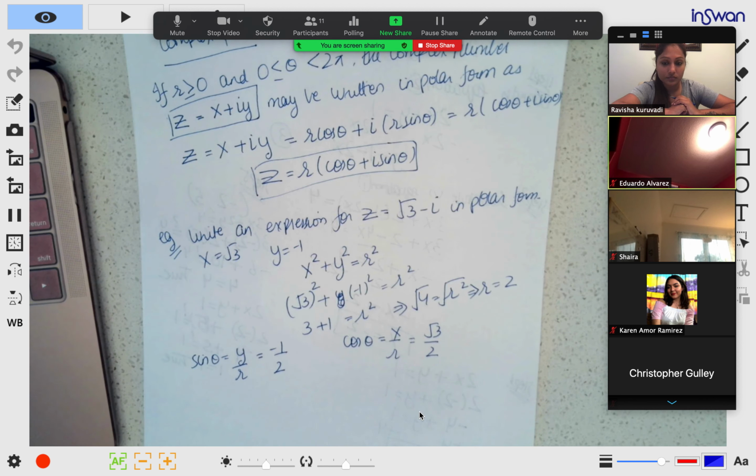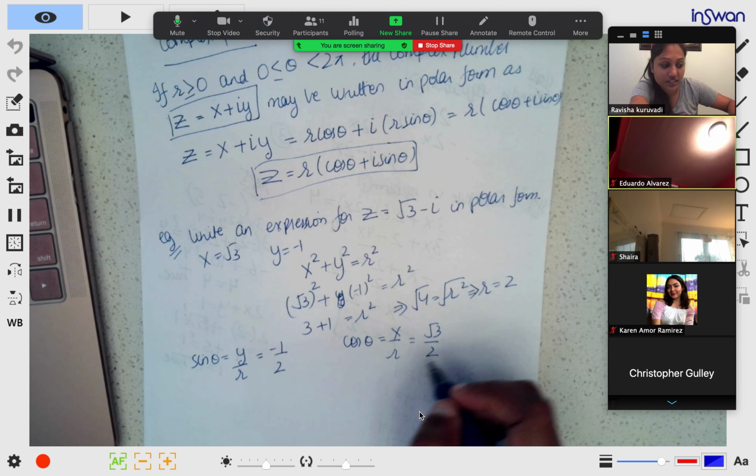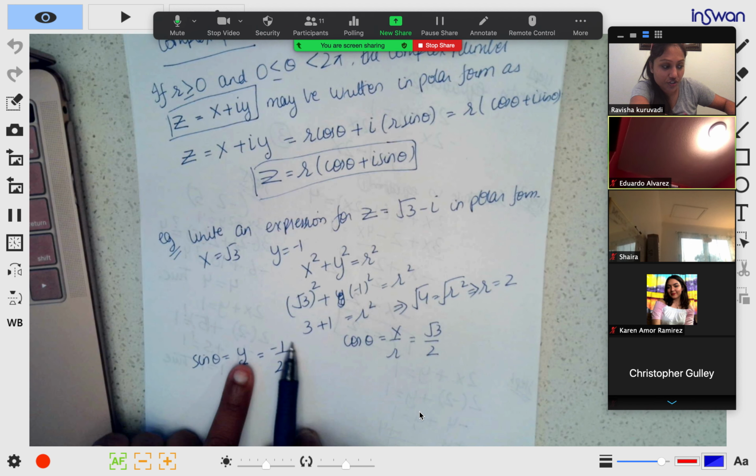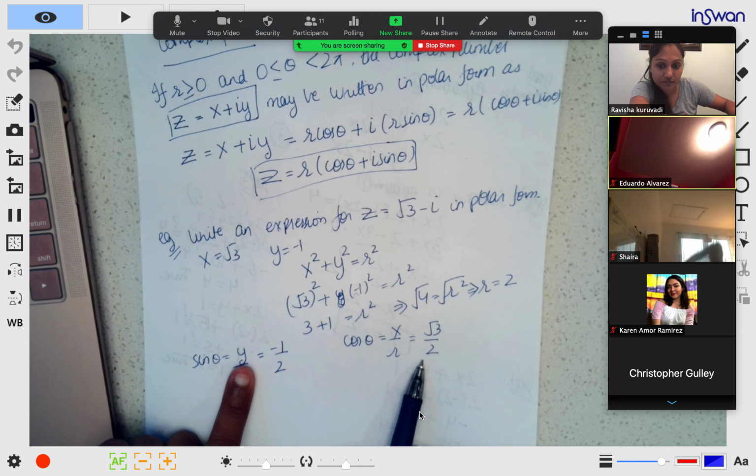The cosine of root 3 over 2 is going to be pi over 6. Yeah, but then I need sine also as negative 1 over 2. It should be both these conditions. Sine should be negative, cosine should be positive.